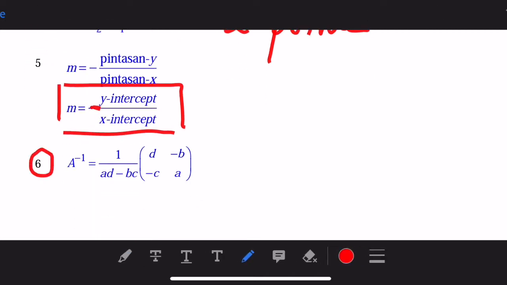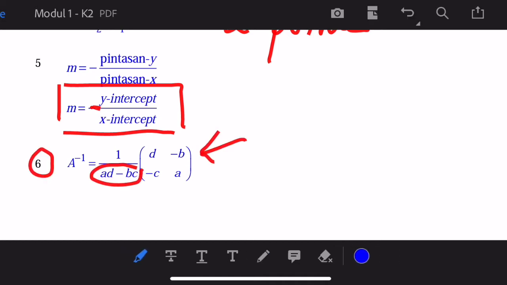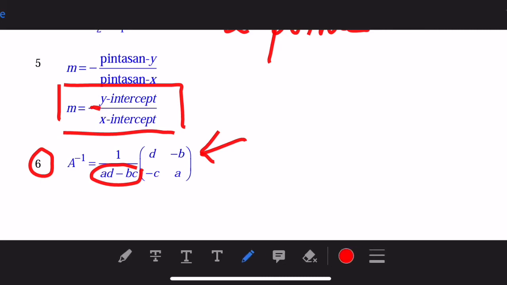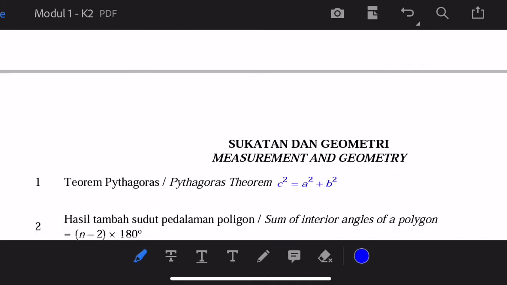And the latest syllabus in Form 5, you just learned matrix, right? So of course you will be asked how to find the inverse of a matrix. This is called the determinant of a matrix, which is AD minus BC.